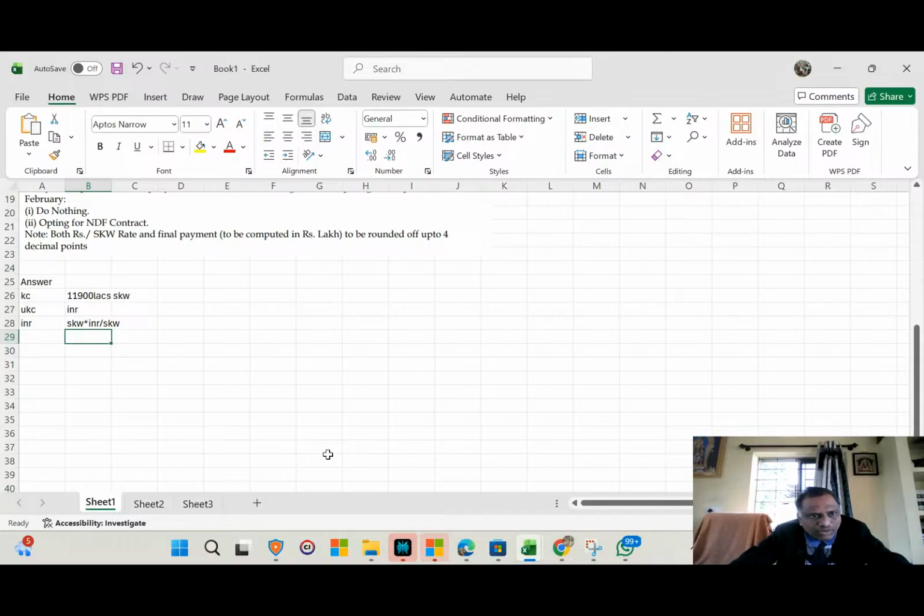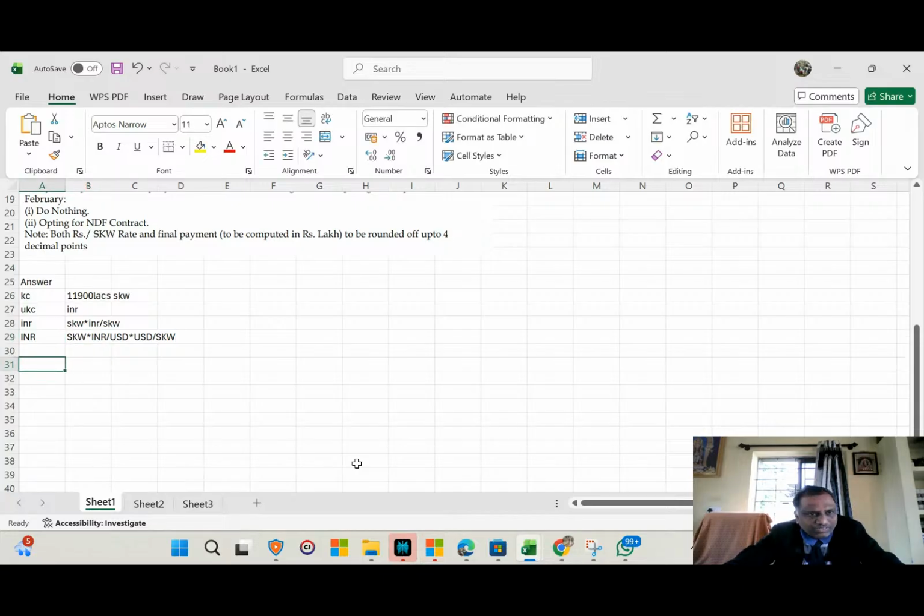No. Now I will expand that: INR divided by SKW is equal to INR divided by USD into USD divided by SKW.